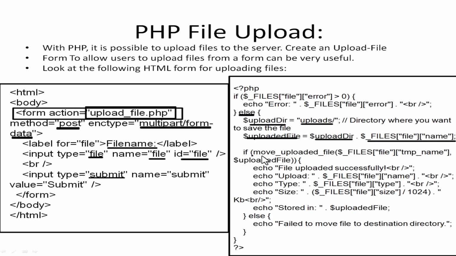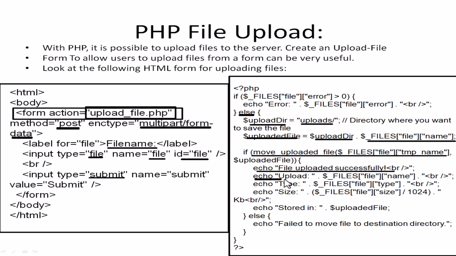If move uploaded file, the file is stored in a temporary location. For example, sometimes it will be stored in the temporary files by default, so that will be moved to the uploaded file. Next, echo. If a file is moved to the uploaded directory successfully, it is going to print a message, file uploaded successfully.